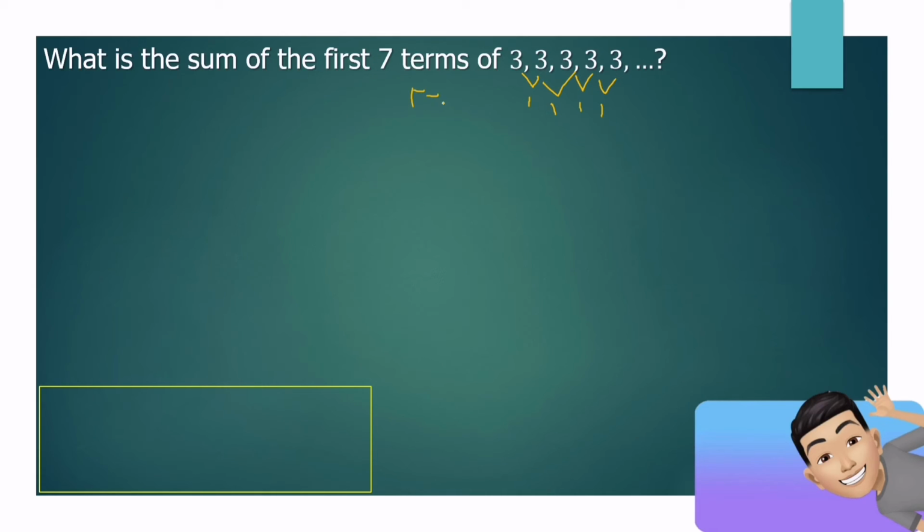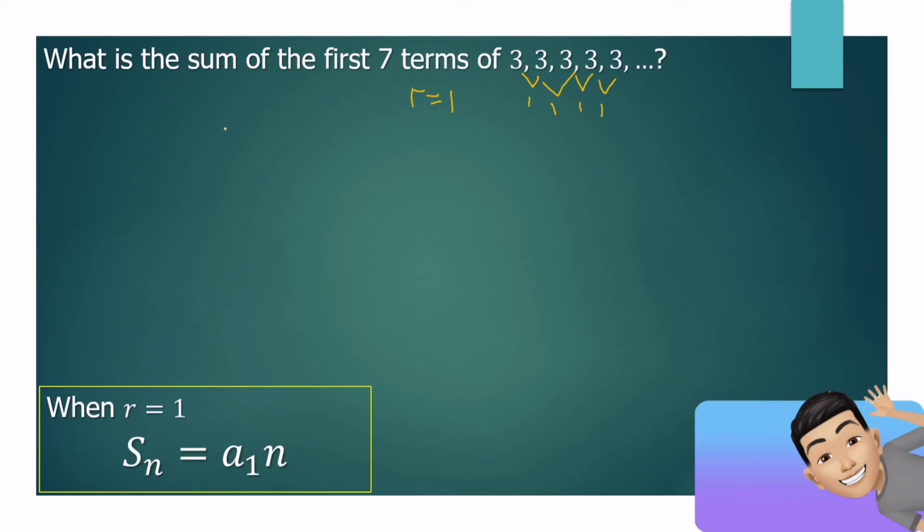R equals 1. Therefore, when R equals 1, we have S sub n equals A sub 1 times n.